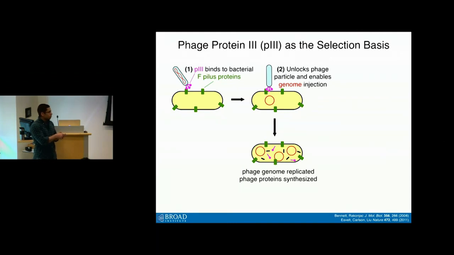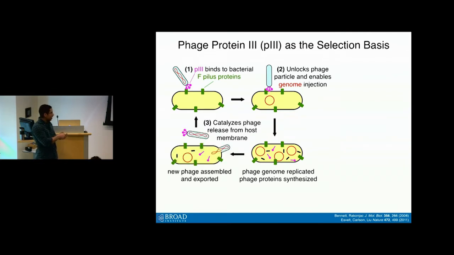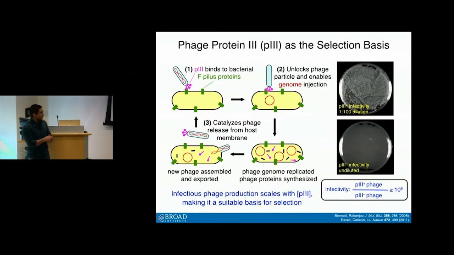All the phage genome information is then replicated, translated into functional form, all the proteins are made, and then P3 catalyzes the process by which the nascent phage is then excised from the membrane. And so you might imagine, given all of these important functions in the life cycle of the phage, that if you remove it, which is shown here, compared to when you have P3, there's a huge differential in infectivity, right?